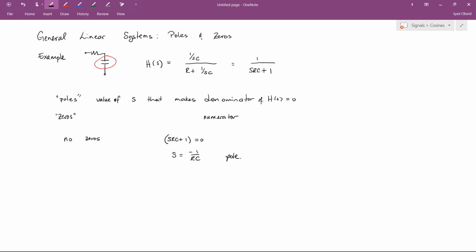Now, let's compare that to what we talked about in the previous lecture. In the previous lecture, we said that when it comes to the Laplace transform, generally speaking, we can think of it as having a real part plus or minus an imaginary part. We said that the imaginary part determines oscillation, and the real part determines decay or expansion.